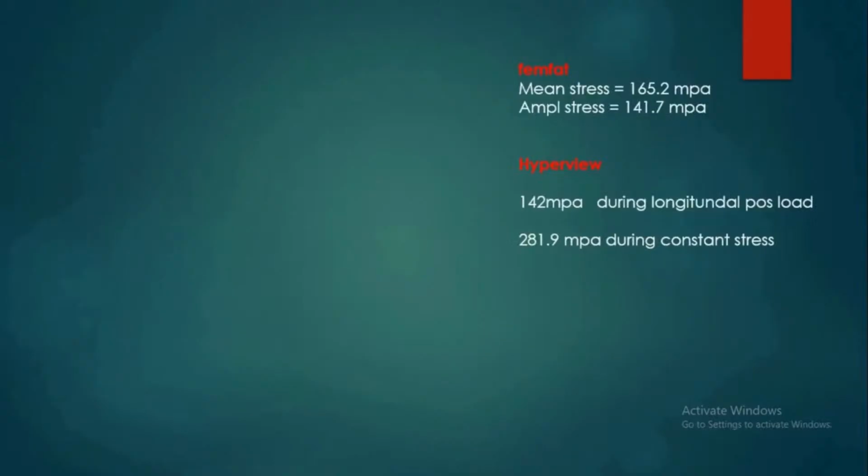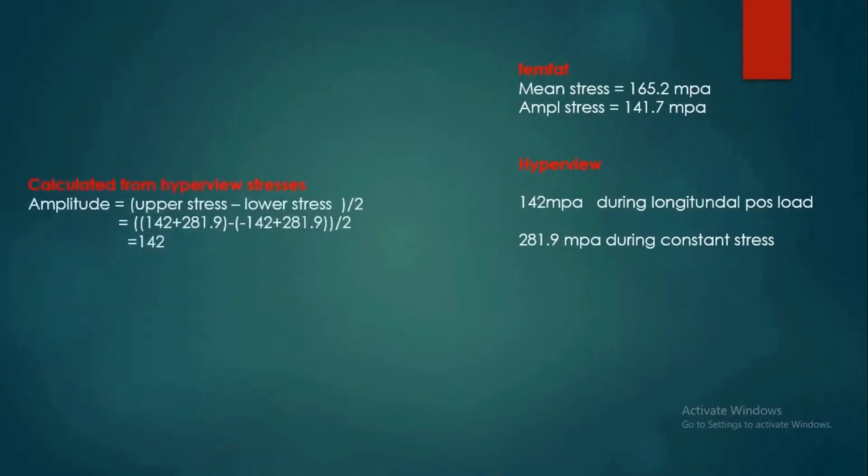We want to calculate the mean and amplitude stresses by using hand calculations to further verify our FEMFAT results. So here is the calculated amplitude stress. Amplitude stress is nothing but upper stress minus lower stress divided by 2.